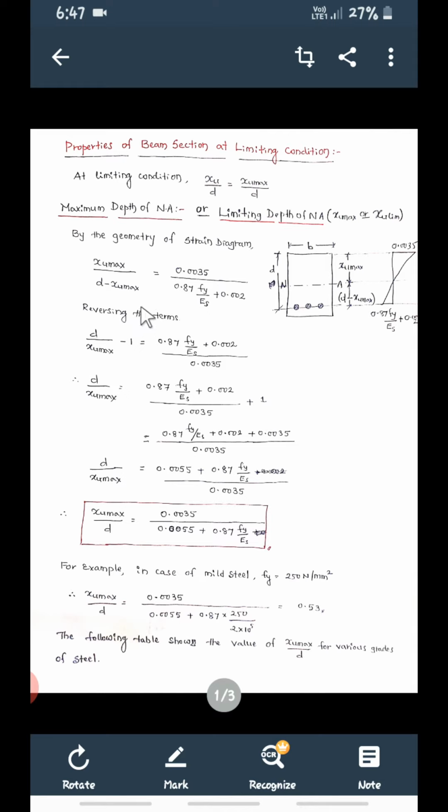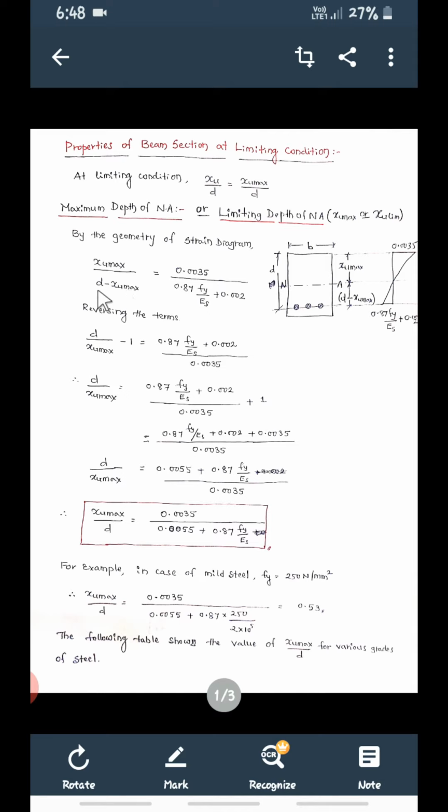Now just reverse the terms, taking the upper term and the denominator. See what it becomes: d minus xu max divided by xu max can be split into d divided by xu max, and xu max divided by xu max, which is minus 1.